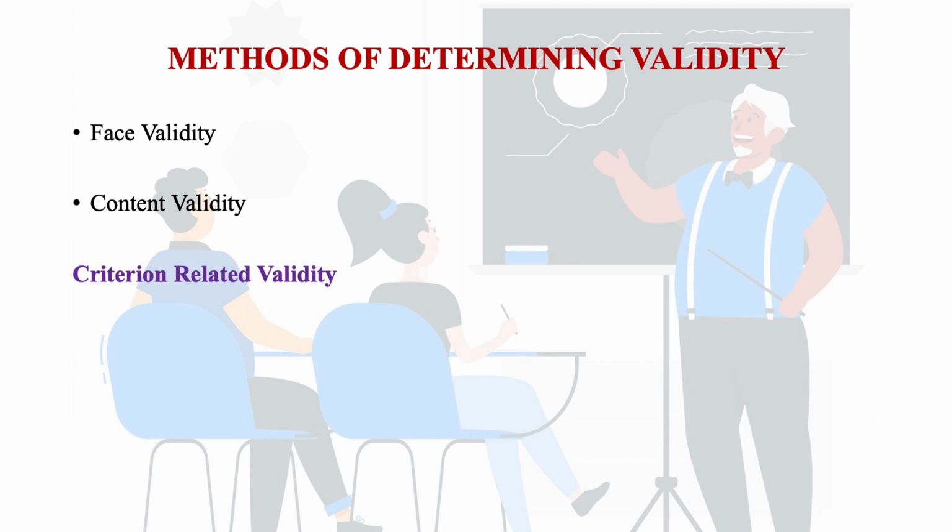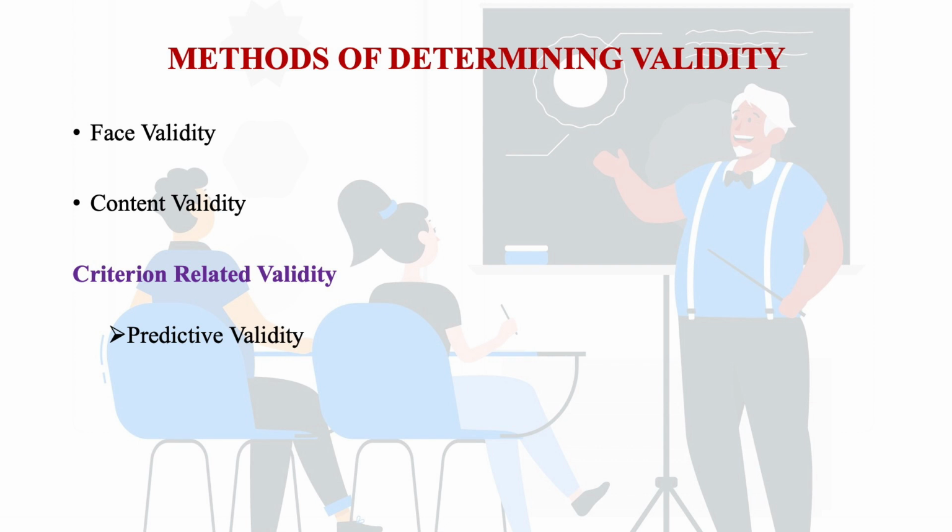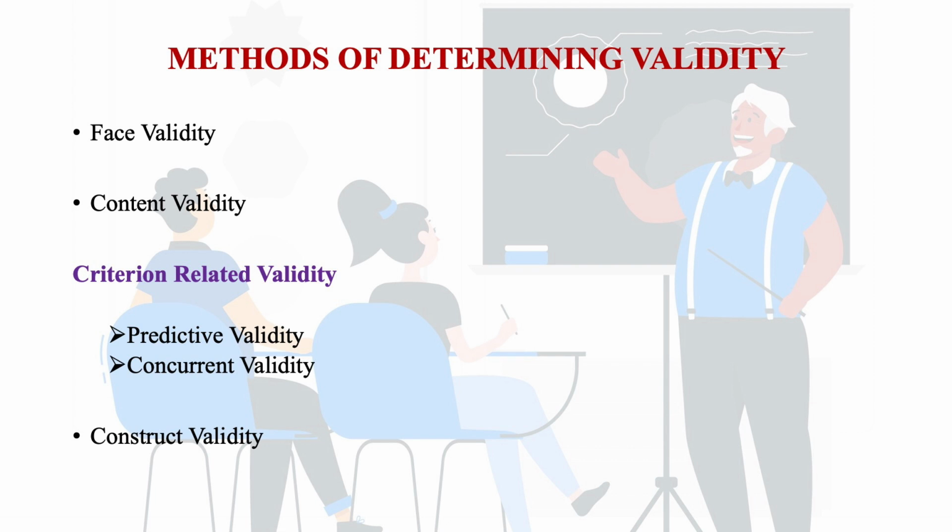Under criterion related validity, there are two techniques that you can use: one is predictive validity, the other is concurrent validity. The other methods are construct validity and factorial validity. So friends, very briefly we will discuss all these 5 methods for determining the validity of a test.